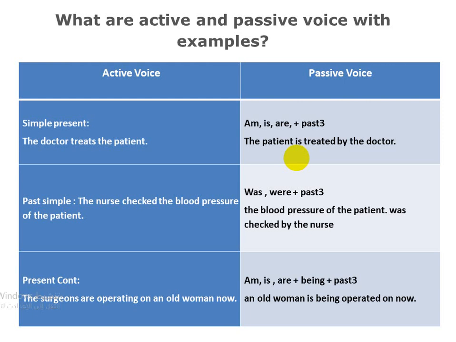That means المريض يعالج. Who treated him? By the doctor. So the rule is like that: you have to use am, is, are, plus past participle. Easy or not? It's easy, yes.